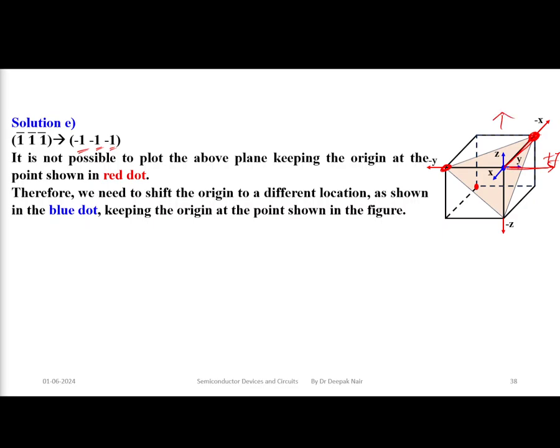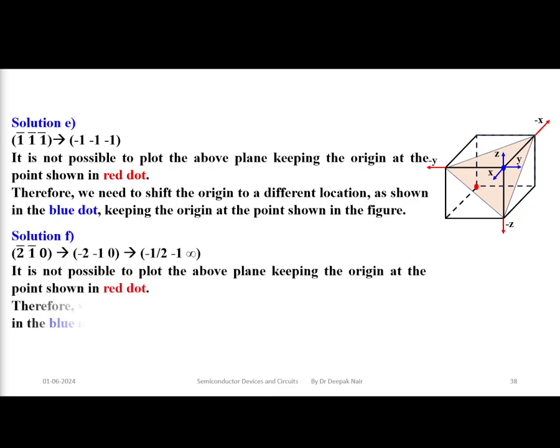This was your plus z going upward, and here we are at minus z. If we connect these 3 points and draw the plane, we will end up with this particular plane, which represents -1, -1, -1, or we can call it 1 bar, 1 bar, 1 bar.